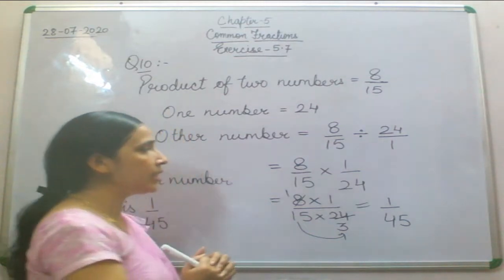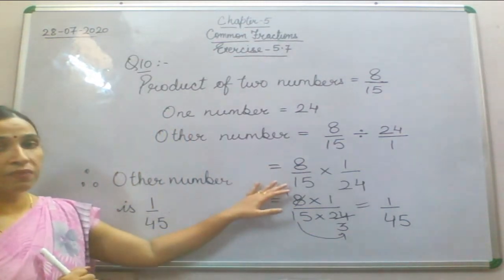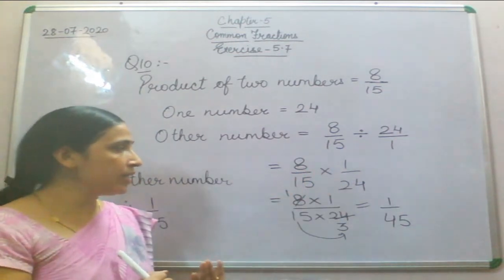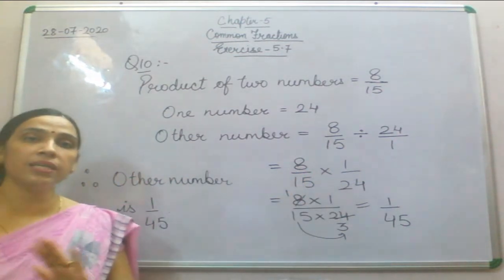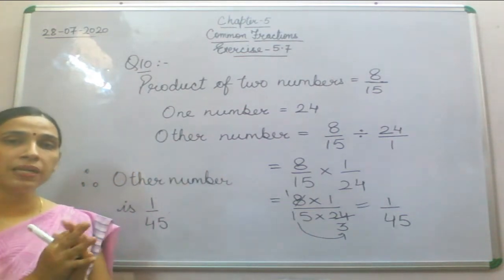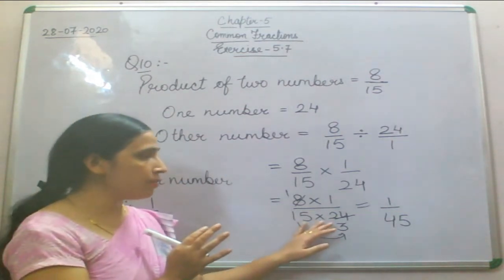So what will we do? We will write 8 by 15, which is the product, multiplied by 1 by 24. Now the next step is the numerator will be multiplied by the numerator and the denominator will be multiplied by the denominator.